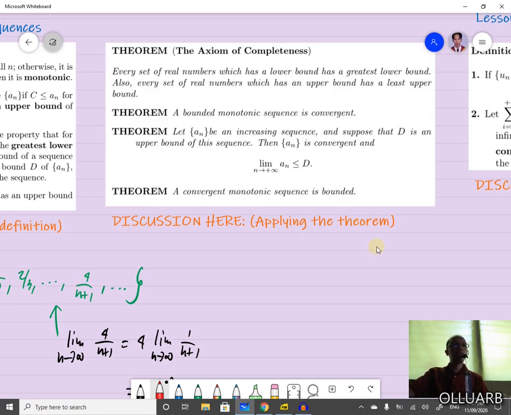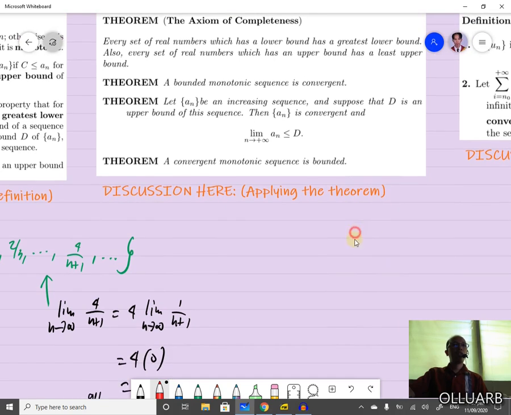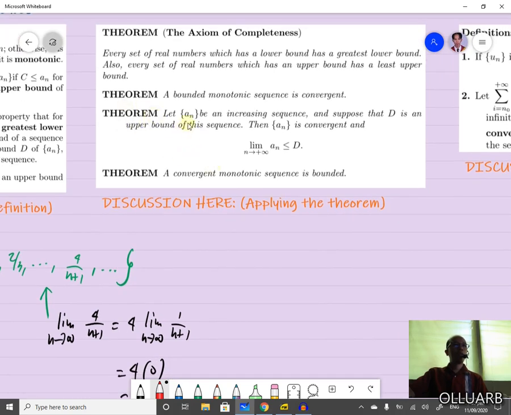And for the third theorem, if you are given a sequence which is increasing, and suppose that this is an upper bound of the sequence, then the sequence is convergent. Of course, since it is increasing, the limit must be less than or equal to the upper bound of the sequence.